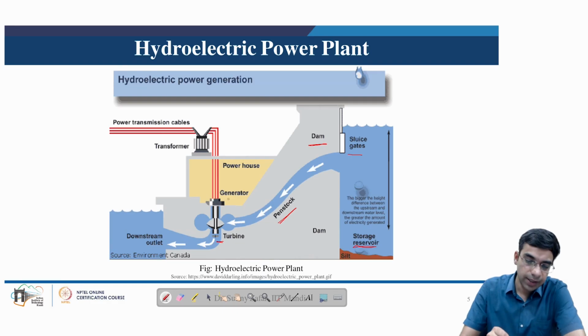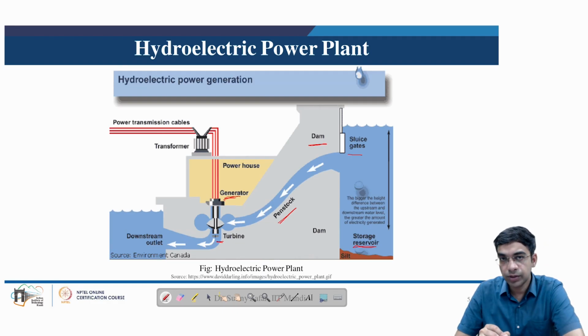So this turbine is then connected to a generator, and as the turbine rotates, it rotates this generator to generate electricity, which is then transmitted using power transmission cable. So generally a transformer may also be utilized in between to basically control the voltage to step up or step down depending on the requirement.